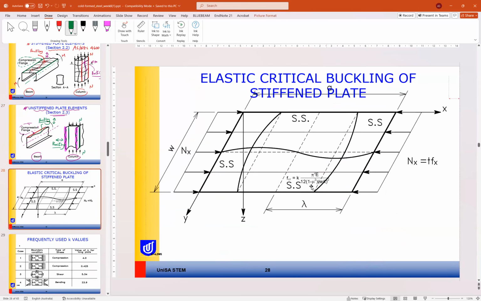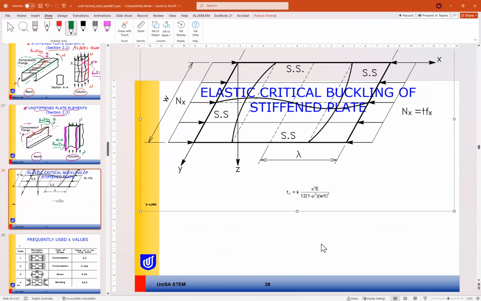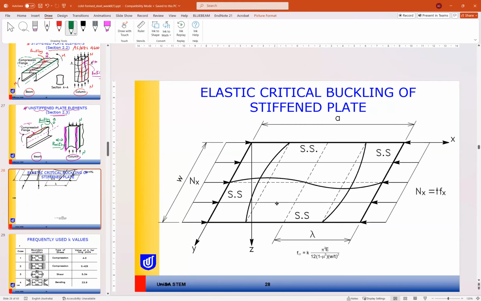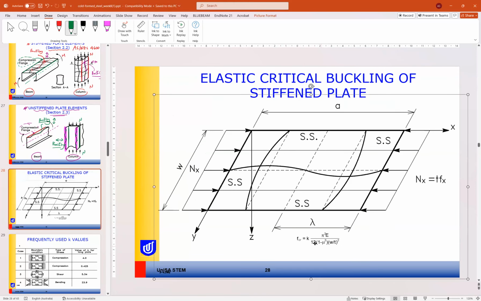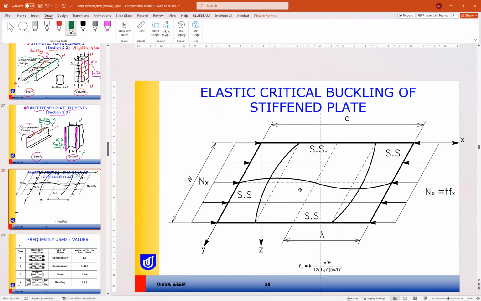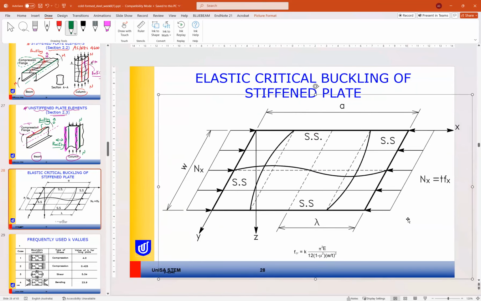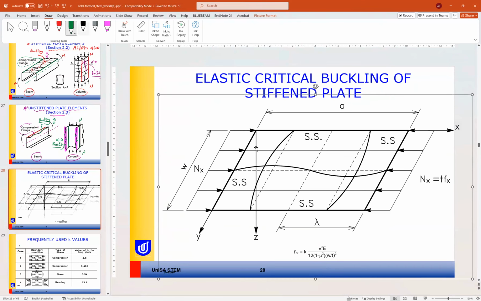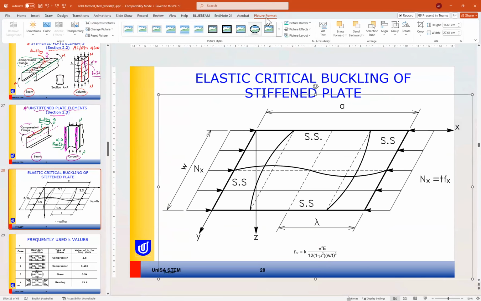Let's have a look at this example here. For this example, we have a plate, a stiffened plate.